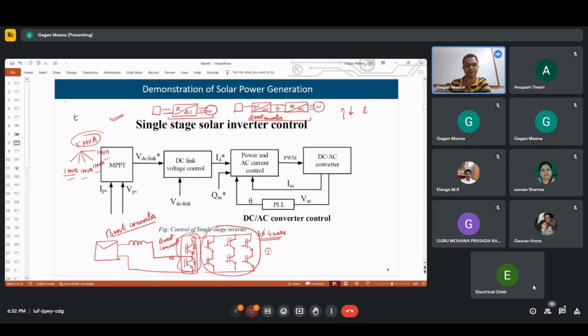Now, see here is controller hardware in loop. We are doing active balancing, and we want to see whether the control logic which we have developed for active balancing is working fine or not. So that I want to check. Here the control logic is developed.